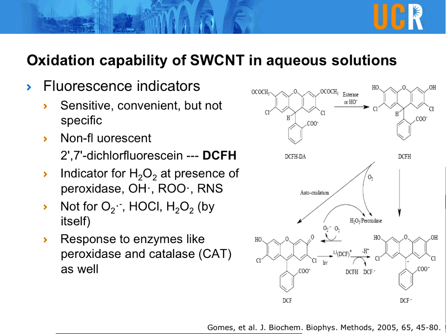It's an indicator for hydrogen peroxide in the presence of peroxidase, and it can also be oxidized by hydroxyl radical, peroxyl radical, and reactive nitrogen species. But it's not responsive to hypochlorous ion, hydrogen peroxide by itself, or superoxide radical.